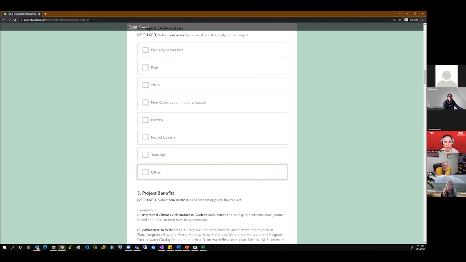The manual that I referenced at the beginning also includes some examples of other deliverables such as test results, GIS maps, etc. So I encourage you to refer to that manual if you're interested in learning more about other possible deliverables that you could mention here. For this example, we are going to select study and project designs.